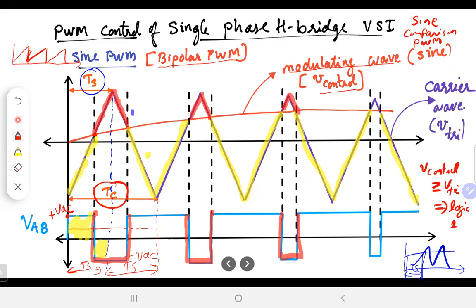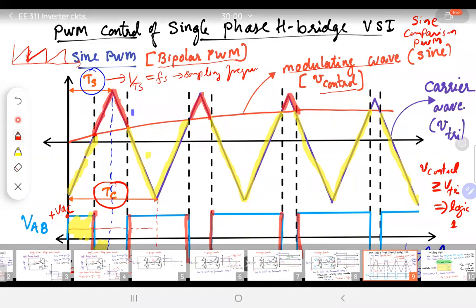We can actually get the volt second in half of the triangle period, even though it is not a repetitive thing, but the volt second balance happens every TS period. So we call 1 by TS, which we call Fs, the sampling frequency. And this TC would correspond to the inverter switching frequency. It is double of this one, in this case.